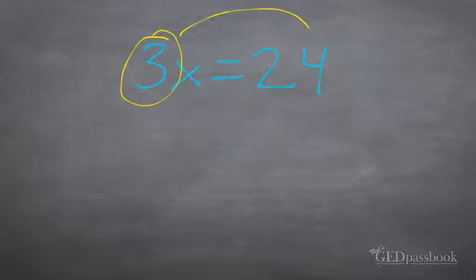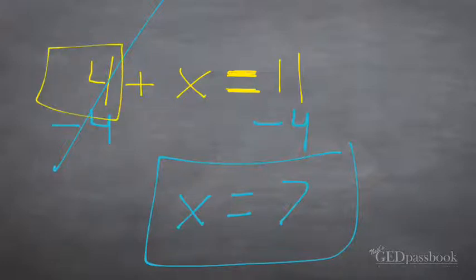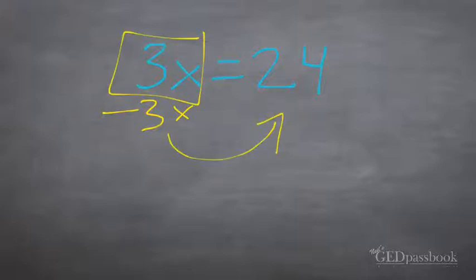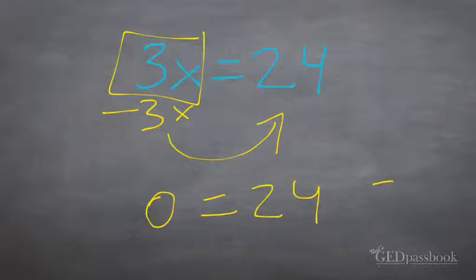But that's only to move the whole term. If you were to minus 3, you'd by default be moving the x with it, and you'd be moving this whole thing over there, creating a 0 equals 24 minus 3x.